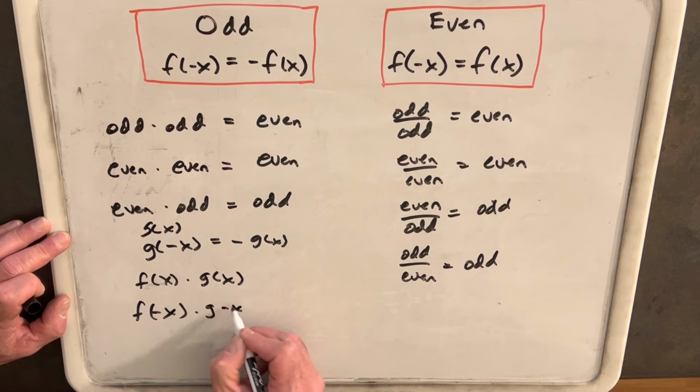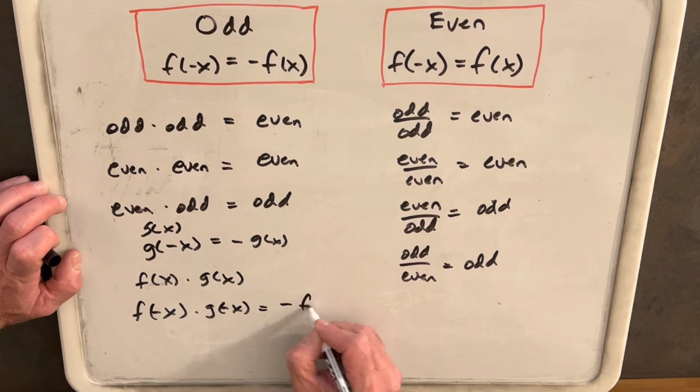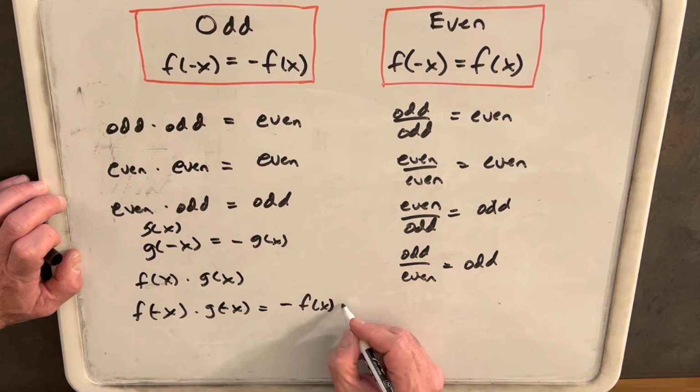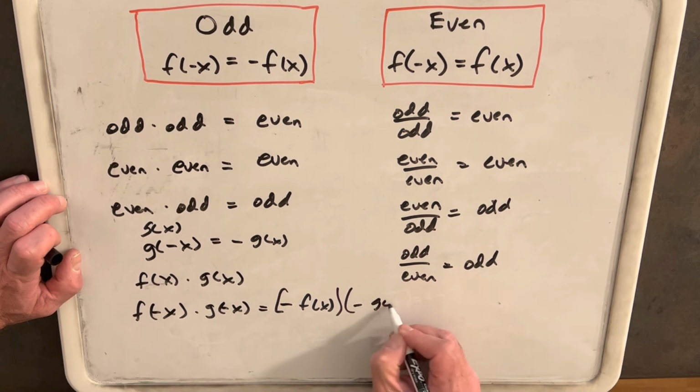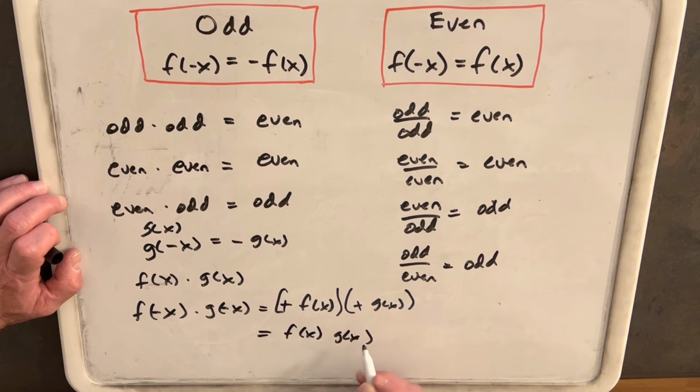But then f of minus x is going to be minus f of x. Then g of minus x is going to be, let's be careful, minus g of x. But then these minuses multiplied together are going to be a plus, and we're back to f of x times g of x, showing that odd times odd is even.